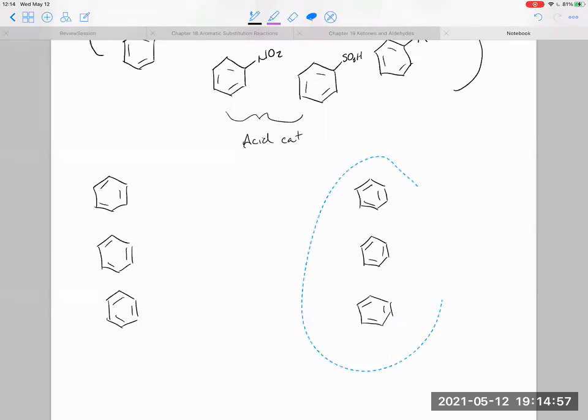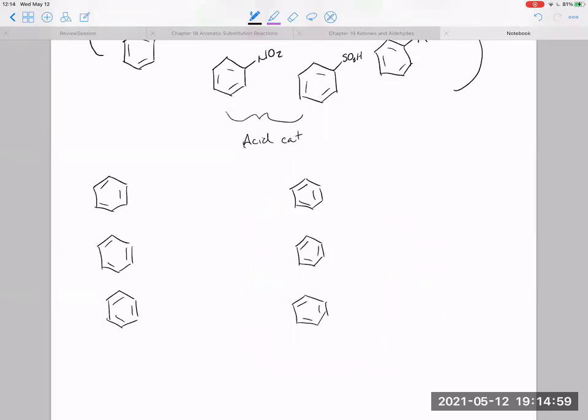Now the last thing, again, just talking about monosubstituted benzenes using this particular reaction. Because you have to have these catalyzed reactions, what the catalyst is really doing is making your electrophile into a way better electrophile, because again, benzene is not a great nucleophile.